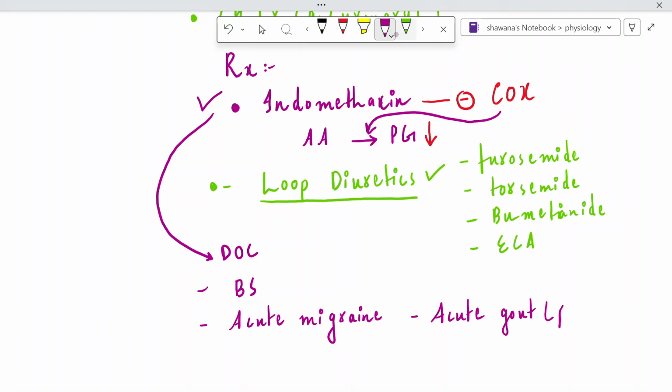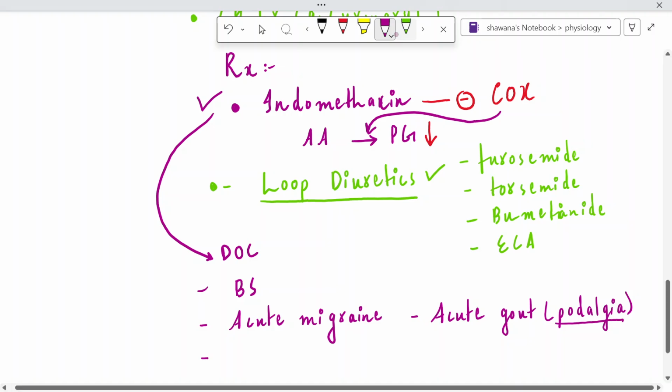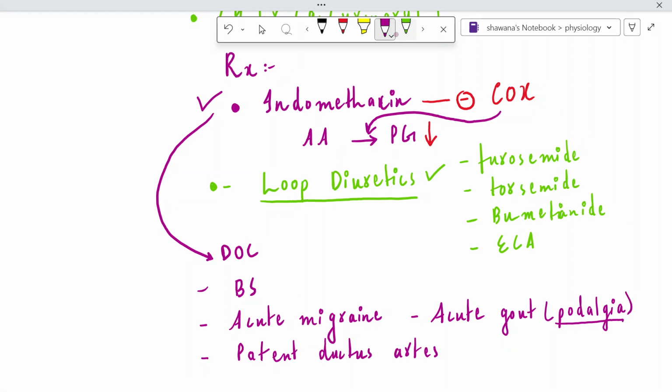Podalgia means foot pain due to accumulation of uric acid crystals in the feet. And the last is patent ductus arteriosus. Patent ductus arteriosus, acute migraine, acute gout, and Bartter syndrome, all these conditions will respond to indomethacin administration. So this was for today.